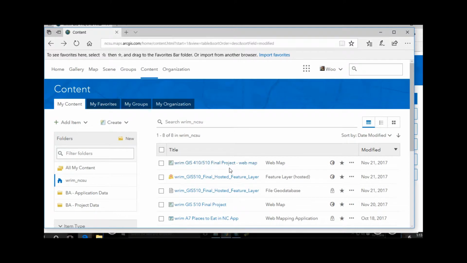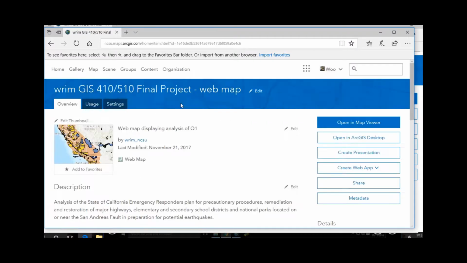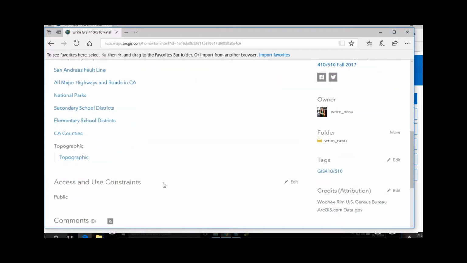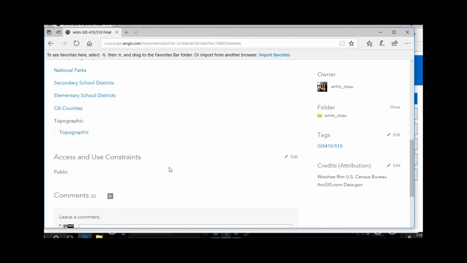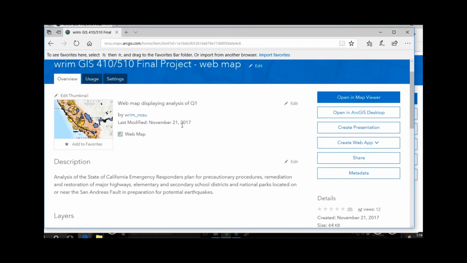In my content page for the final project web map, I have the description and the summary, the layers, my access and use constraints, which is public, and my credits down here, and it is shared with everyone, as well as GIS 410-510.